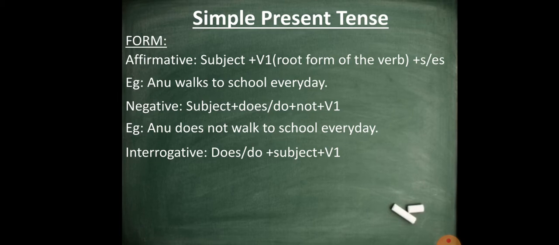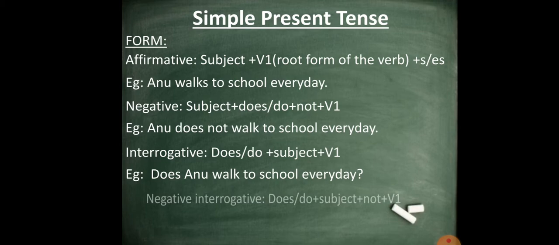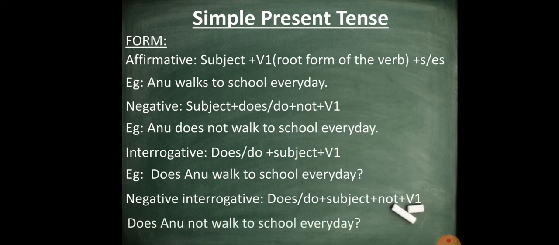So, if we convert this sentence into an interrogative form, it will be does Anu walk to school every day? The negative interrogative will be does or do plus subject plus not plus the root form of the verb. That is, does Anu not walk to school every day?